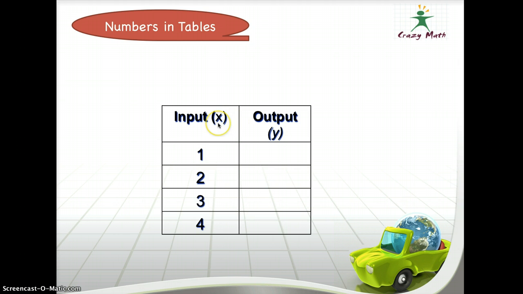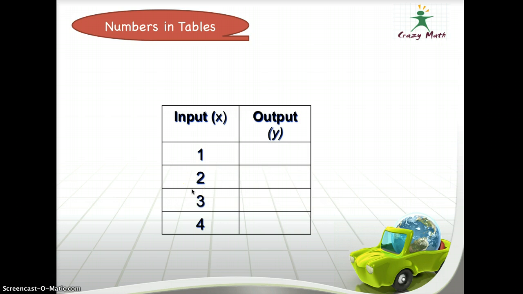Now, it doesn't have to be X and it doesn't have to be Y. You can use different variables, but for X and Y, it's easier to graph them. Okay, because you have your X graphed at the X-axis and Y along the Y-axis. Okay, but we'll be talking graphing later on.